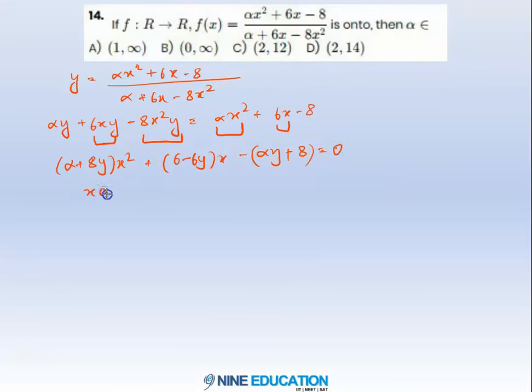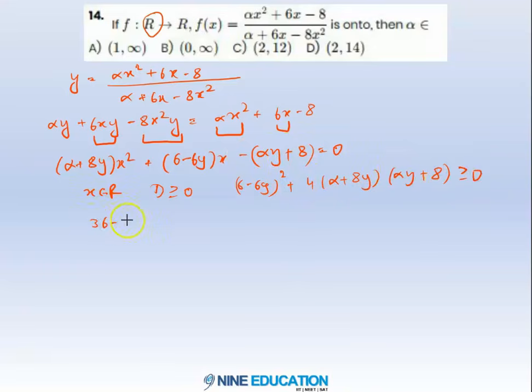For x belonging to real numbers, which is clear from the domain, the discriminant has to be greater than or equal to 0. So (6 minus 6y) whole square minus 4ac, which is (alpha plus 8y), and this c is negative also, so plus (alpha y plus 8), has to be greater than or equal to 0.